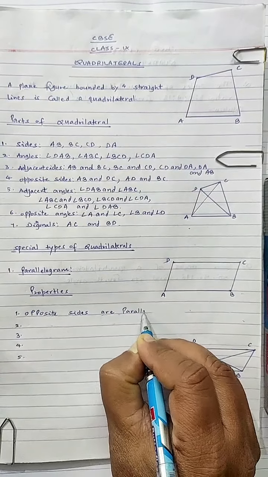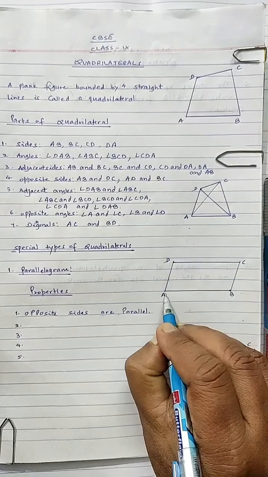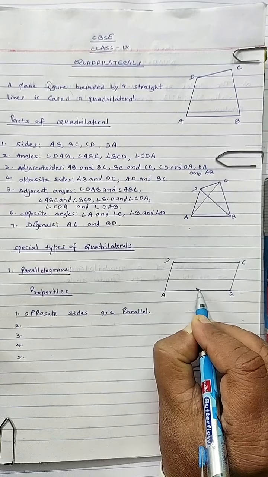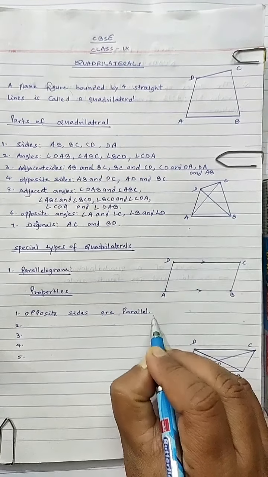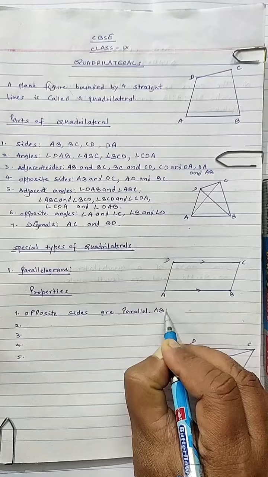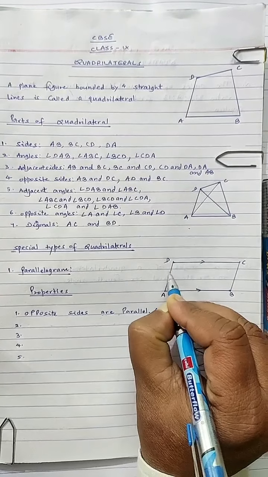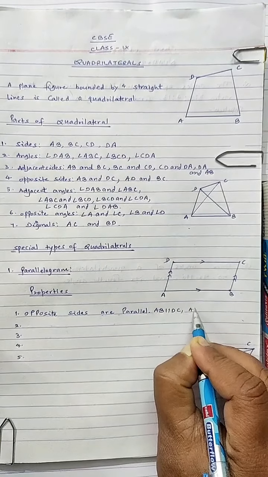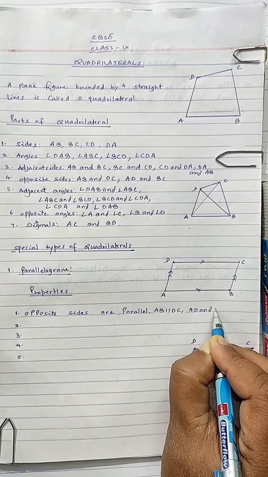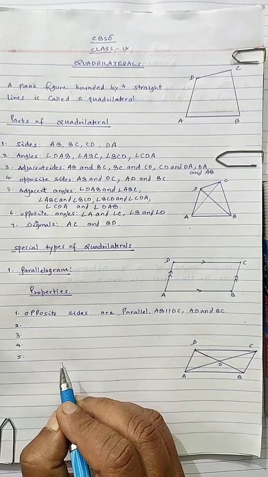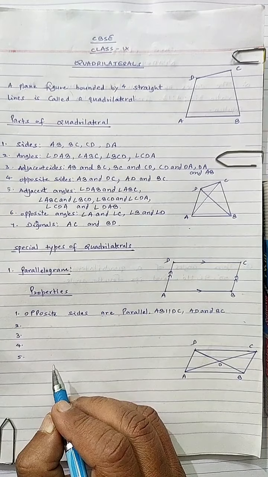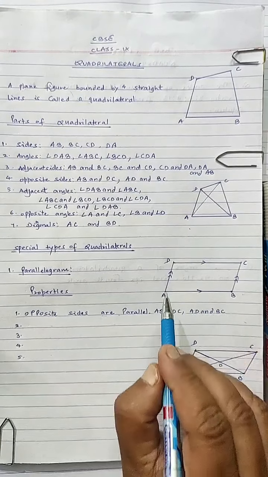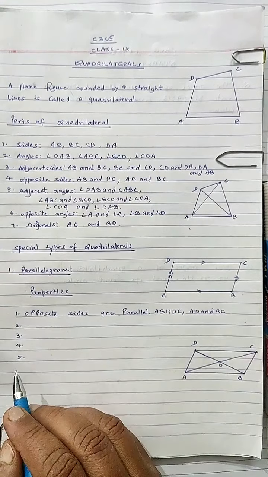What is this property? The property of parallelogram is that opposite sides are parallel, like AB and DC are parallel, AD and BC are also parallel. So there are two pairs of parallel sides. One pair AB and DC, another pair AD and BC.